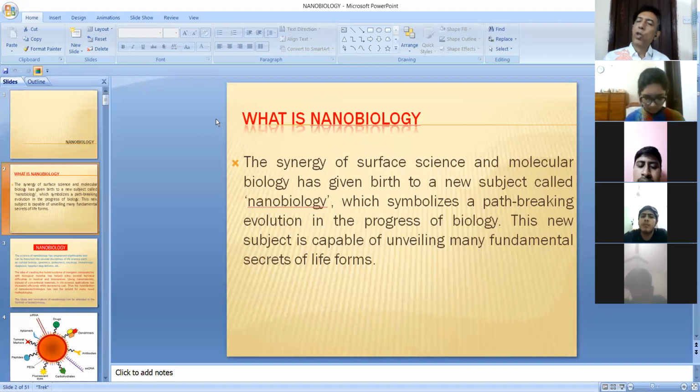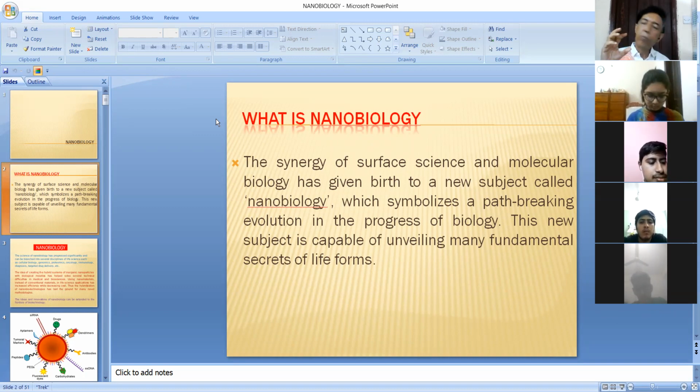So if you see a DNA, say a DNA has a length of say 75 nanometer. So a DNA is a nanomaterial. If a DNA has a length of 75 nanometer, a DNA becomes a nanoparticle. If a mitochondria has a length of say 50 nanometer, then it becomes a nanomaterial.